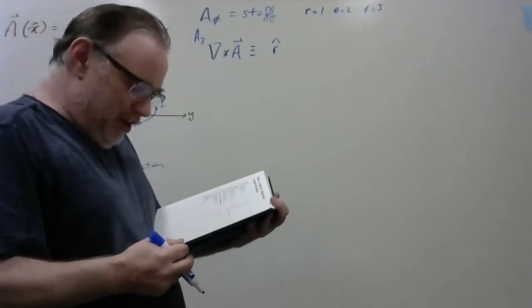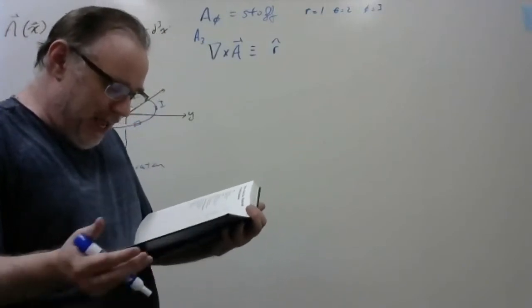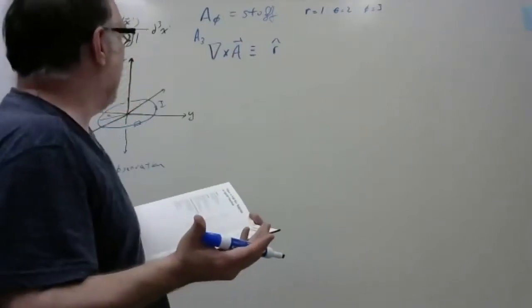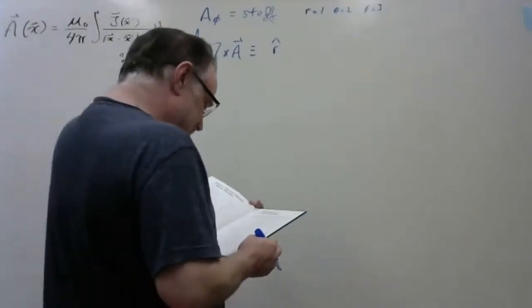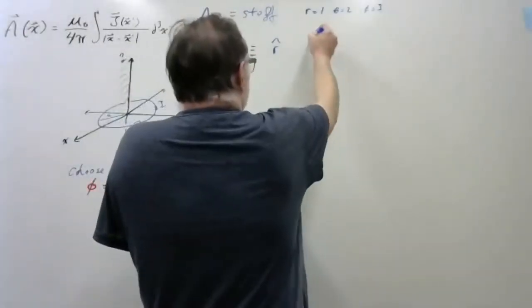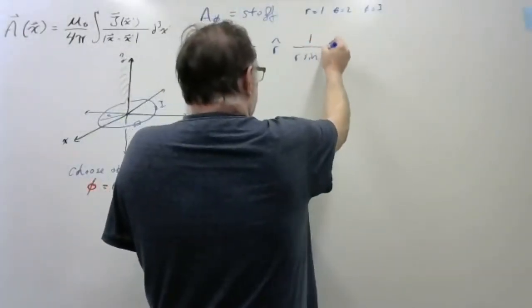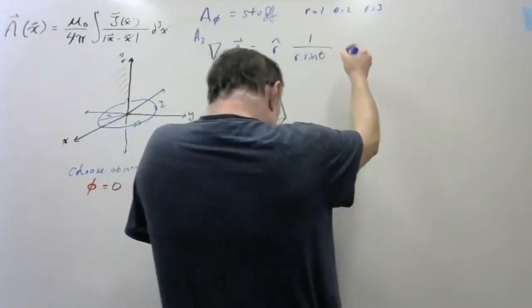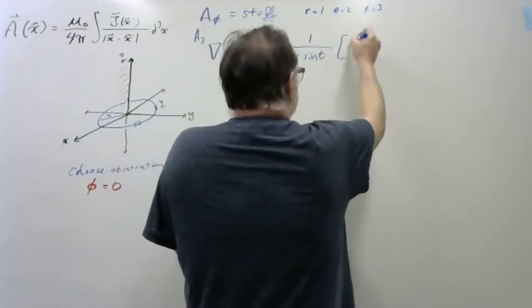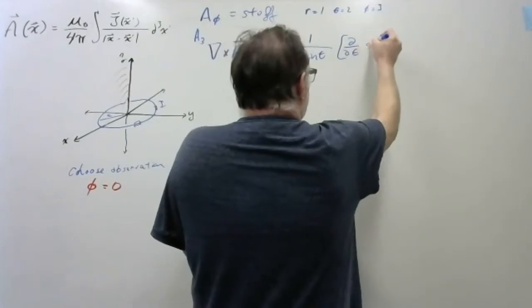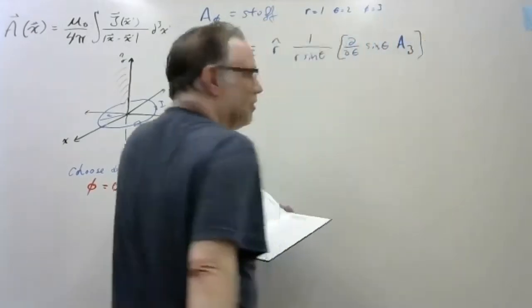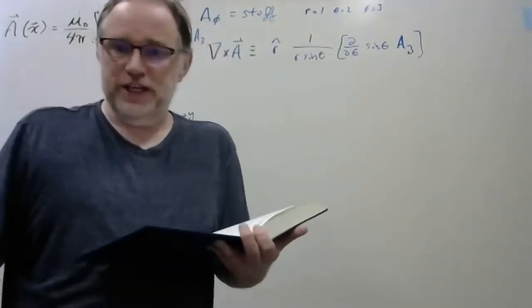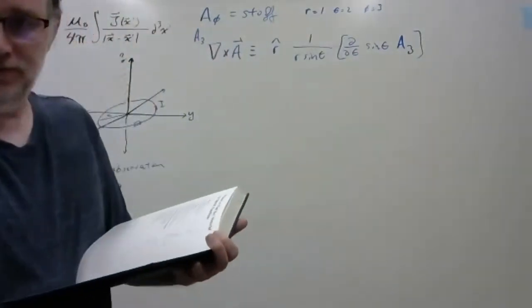If I look at the R component here, I only have A3. So what I have to do is say, okay, it's 1 over R sine theta times d/d theta of sine theta A3. That's it, because I only have the A3. A2 is equal to 0, A1 is equal to 0.